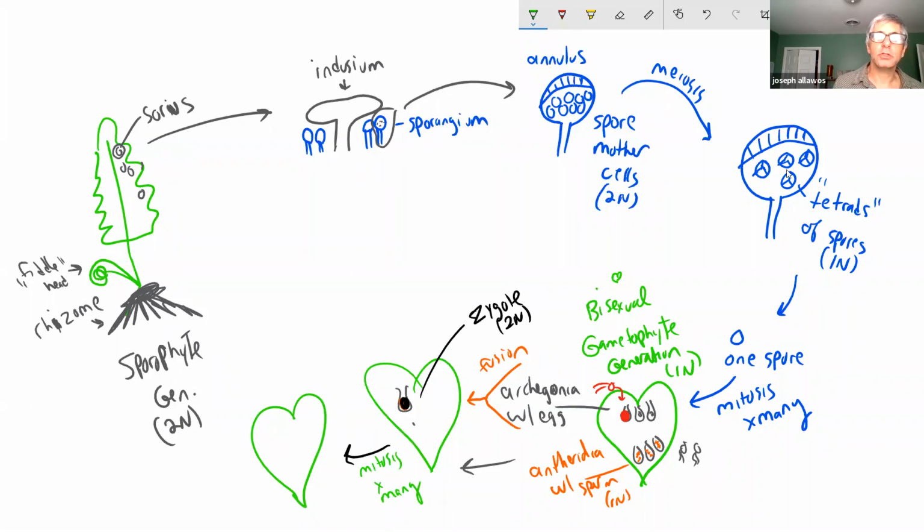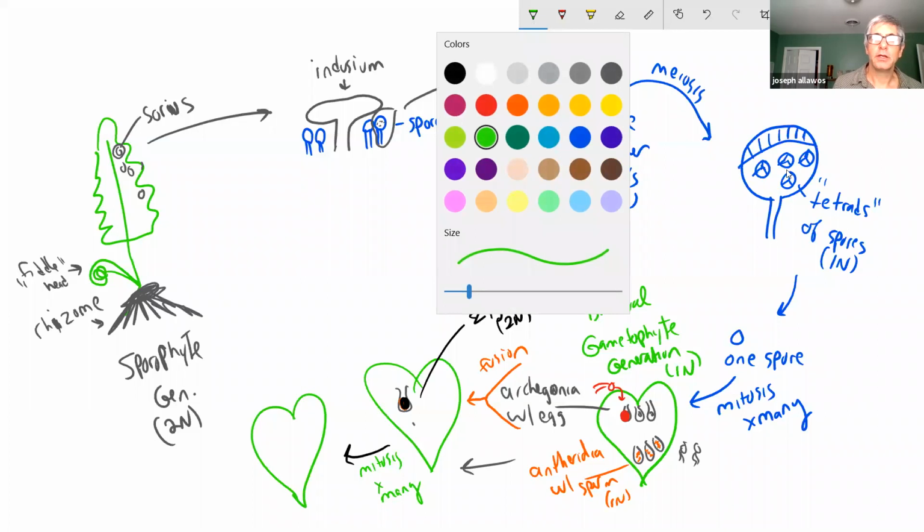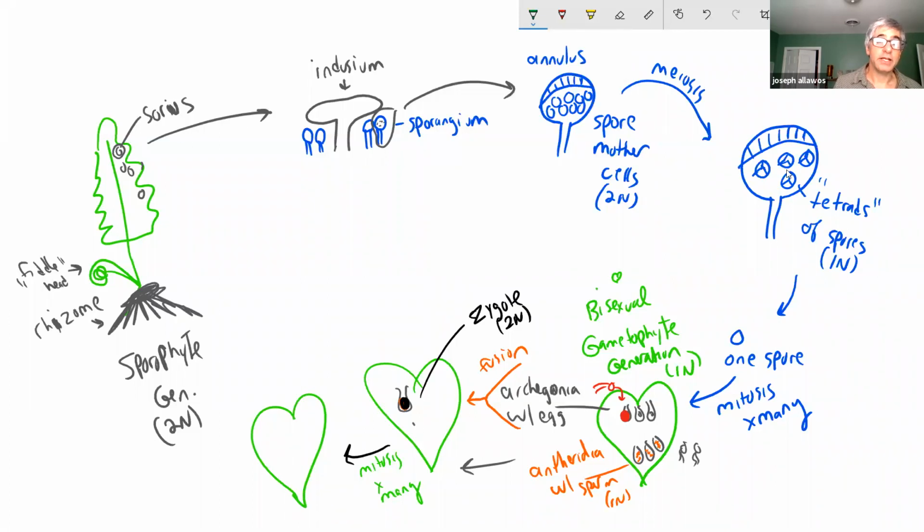But there's this short little period of time where the gametophyte is still there, and growing out of the gametophyte where this zygote was is a little baby sporophyte. Oh, it's so cute. I wish I could show it to you in real life.